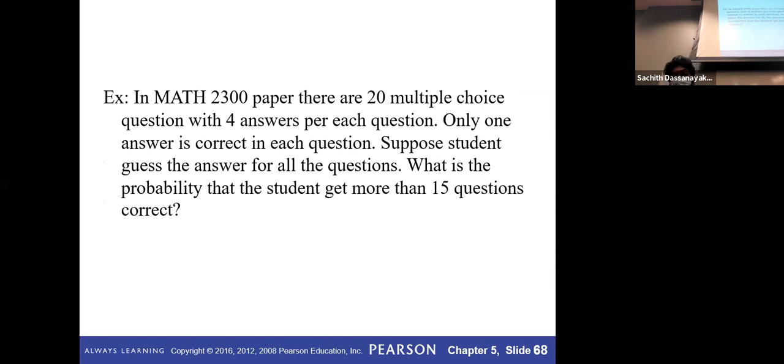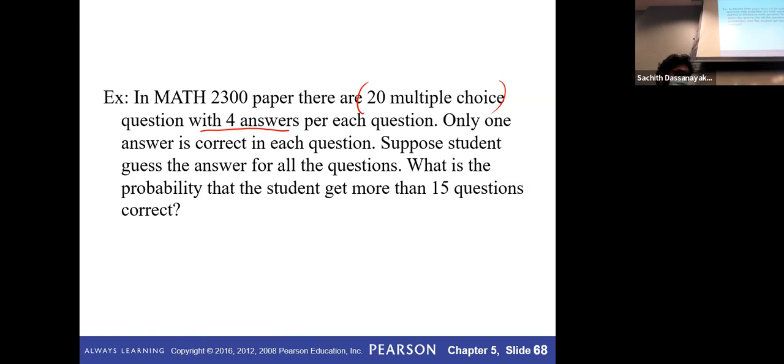Here we are talking about a math exam with 20 multiple choice questions, each question with 4 answers. Only one answer is correct in each question.